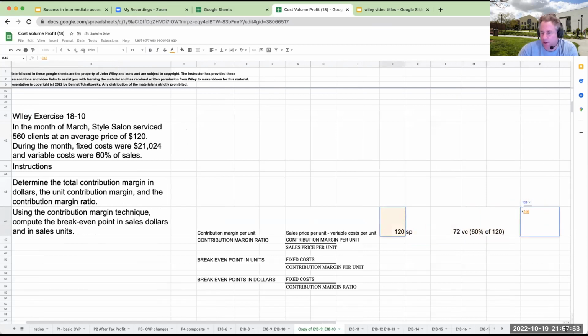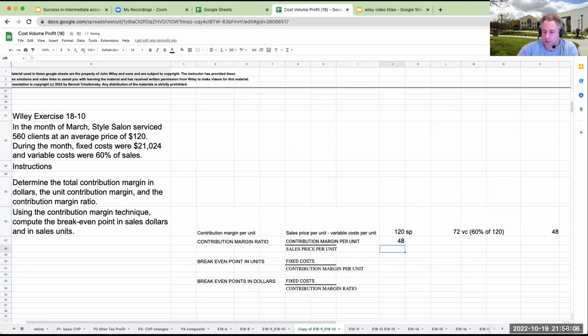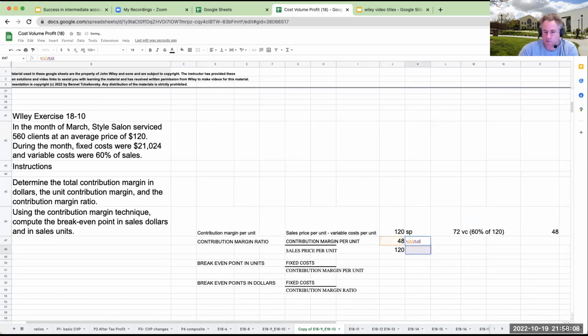So my contribution margin per unit is going to be 48. My contribution margin ratio: contribution margin per unit is 48, sales price per unit is 120, so this is going to be 40%.